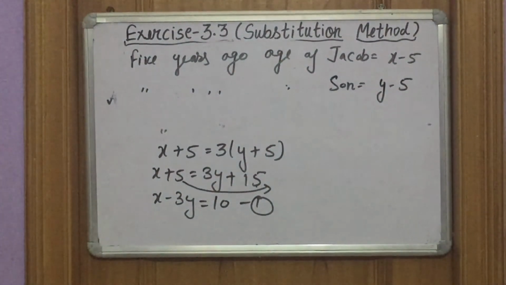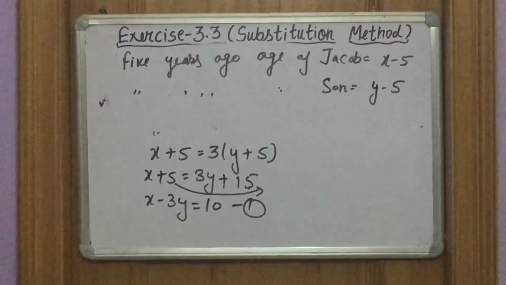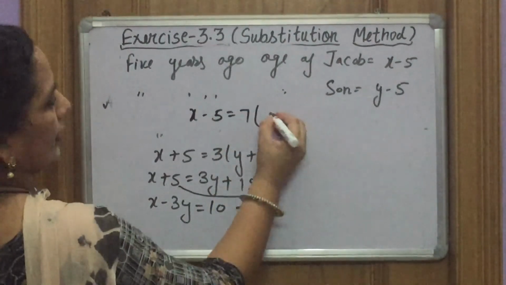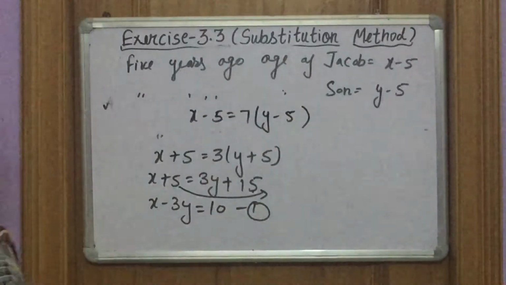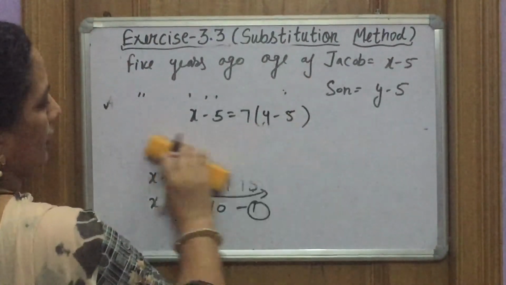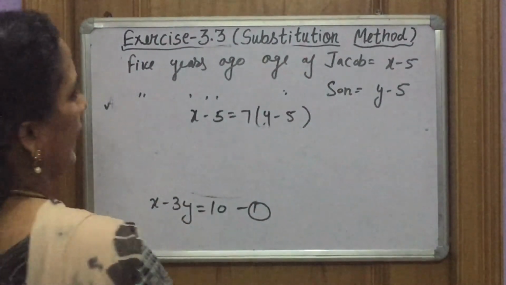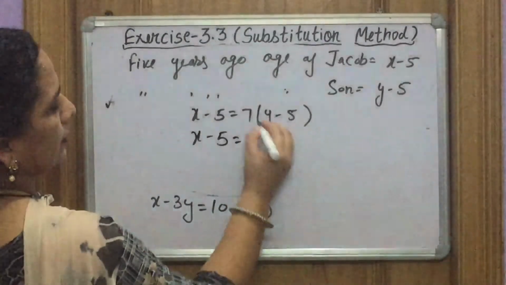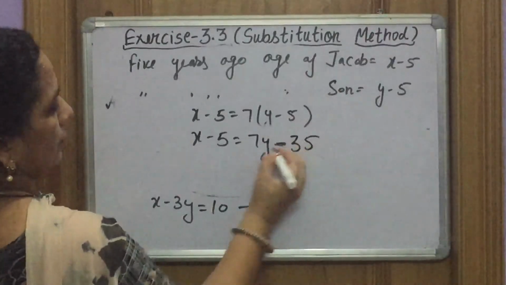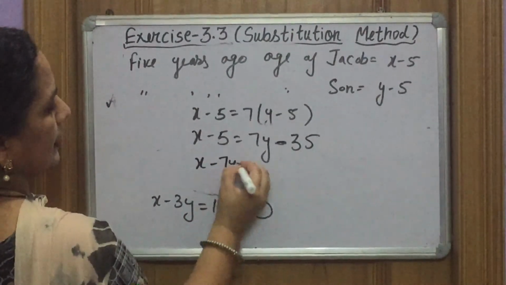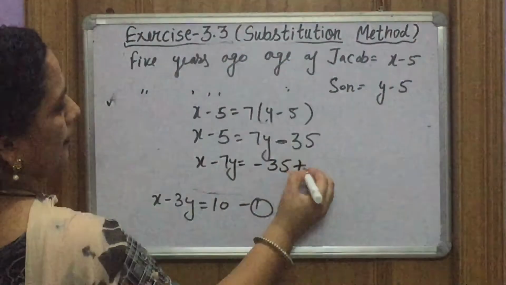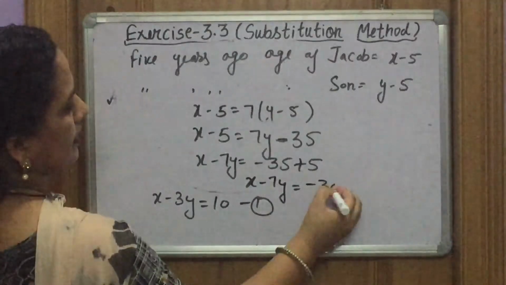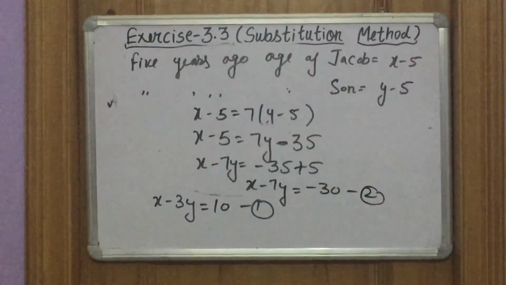Then according to the question, the age of Jacob is 7 times that of his son. So we can open the brackets and we can easily find out our next equation, 35. Transpose the constant term to a single side. So we can say this is our second equation.